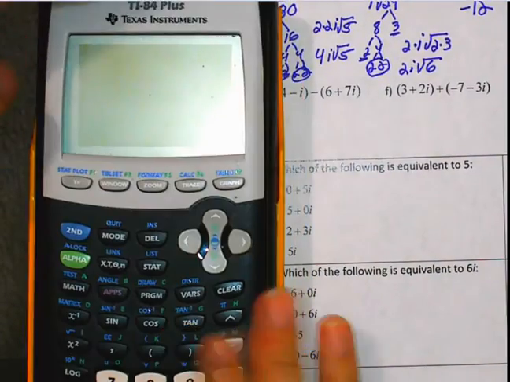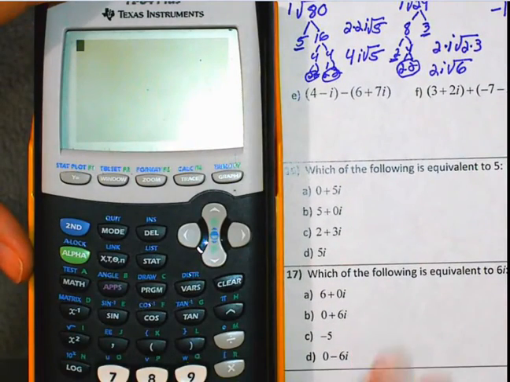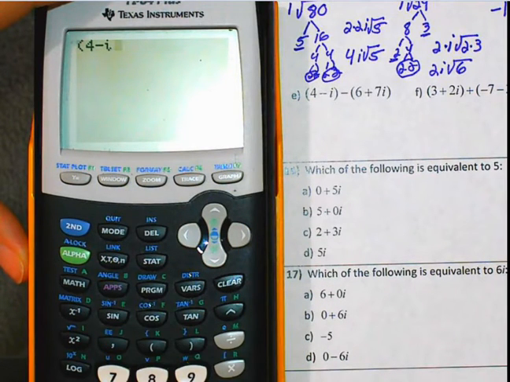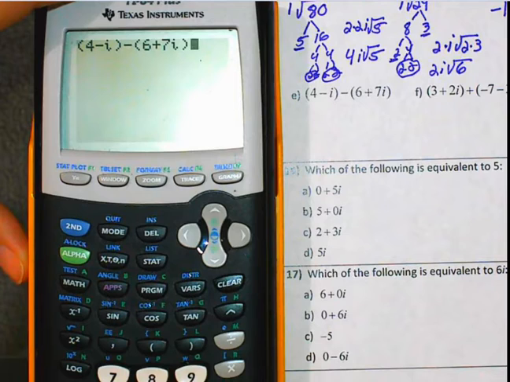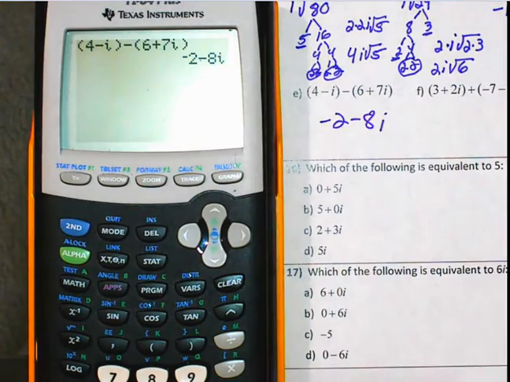Okay. All right, so the first one is 4, and enter it just as you see it. So we have parentheses, 4 minus I, close parentheses, minus, parentheses, 6 plus 7I, close parentheses, press enter. So negative 2 minus 8I. That's it.